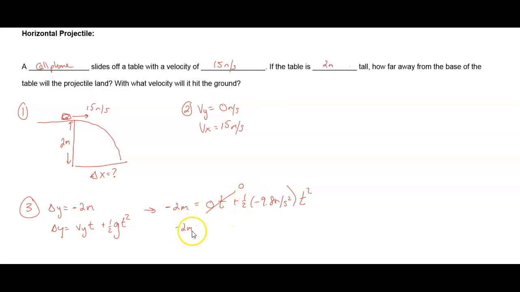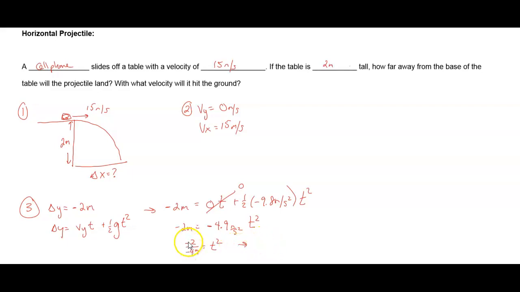Negative 2 meters would then be equal to 1/2 of negative 9.8, which is negative 4.9 meters per second squared, times time squared. To get time by itself, we're going to divide by negative 4.9. So negative 2 divided by negative 4.9 is equal to t squared.